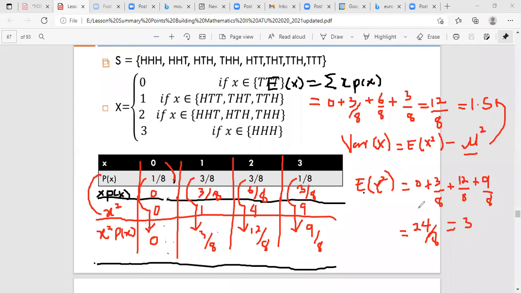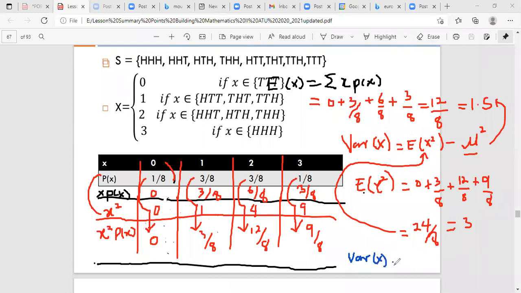Okay, so we'll go and substitute the answer back into the equation here. Just follow, let me finish first before you ask your question. So which means that the variance of x will be what?